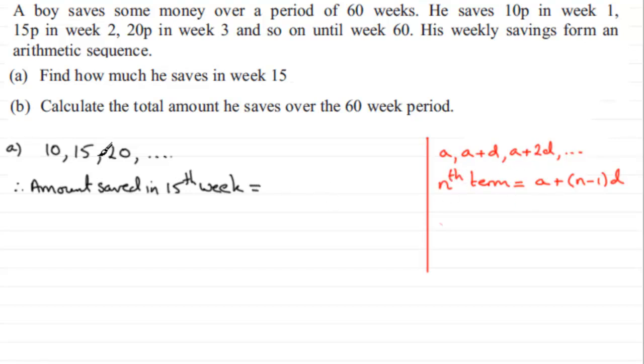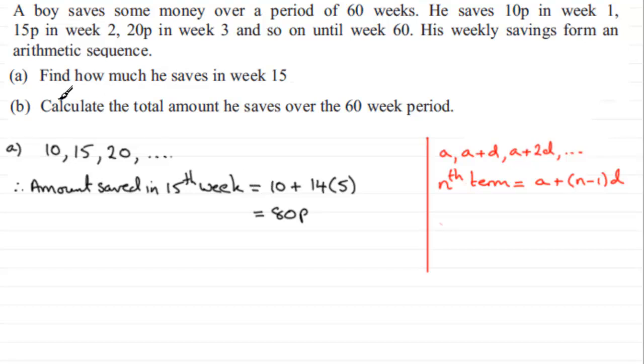We know what A is, the first term in the sequence, so that's 10, plus n minus 1, 15 minus 1, which is 14, multiplied by D, the common difference, which is 5. So 10 plus 14 times 5 gives 80. 80 pence is how much is saved in the 15th week.